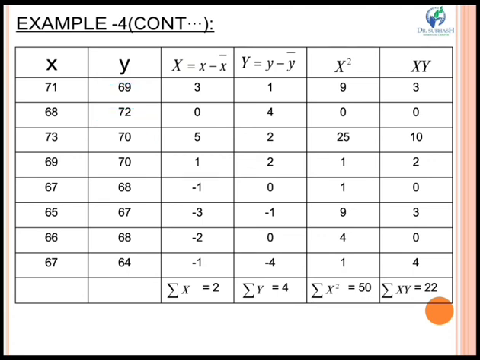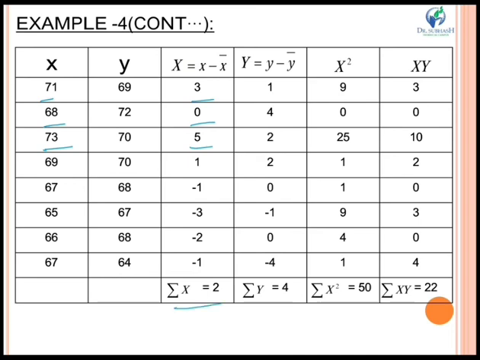I will show you some of the values. x bar is 68, so 71 minus 68 is 3. 68 minus 68 is 0. 73 minus 68 is 5. Similarly, I will find all the values and add them.